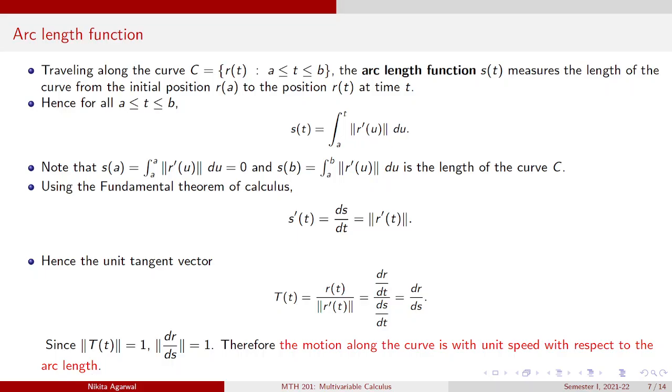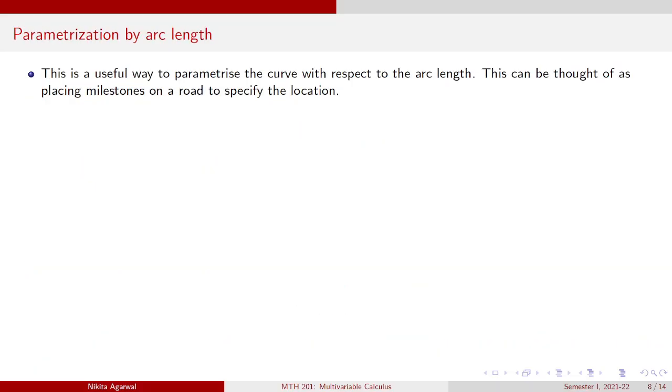So it may not be unit speed with respect to the t variable or time, but when you look at it with respect to the arc length, then it is unit speed. So this provides the motivation of parameterizing a curve by arc length instead of t, because then you are moving along it with unit speed.